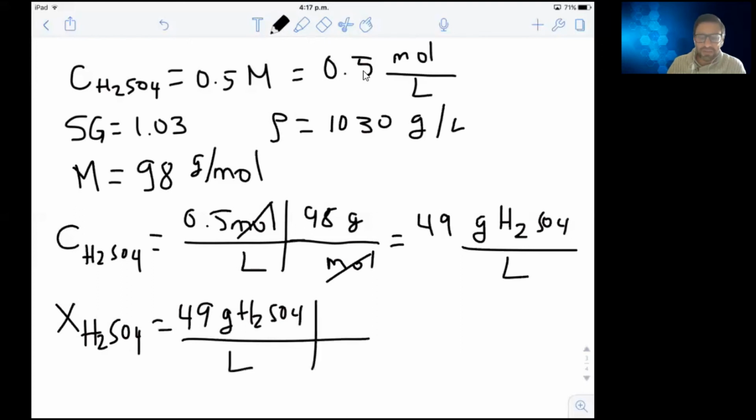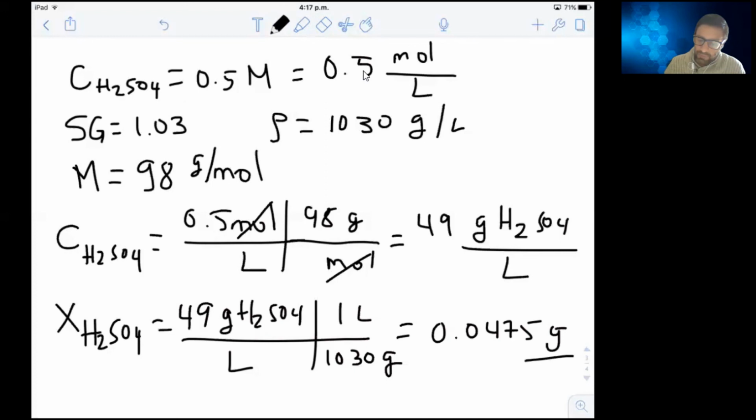And you know by the density that 1,030 grams of solution corresponds to 1 liter. This is through the density. So if you divide this 49 over 1030, you will get 0.0475 grams of H2SO4 per gram of solution, okay?